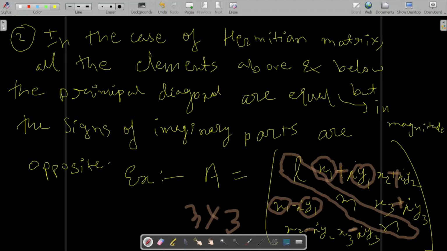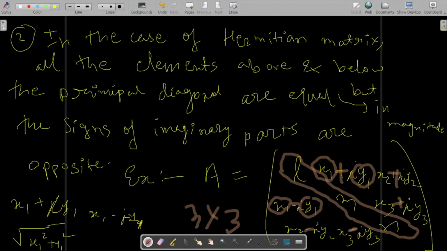Why equal in magnitude? Because they are not equal but their magnitude is equal. Suppose I take x1 plus i y1 and x1 minus i y1. Then what will be the magnitude? Square root of x1 square plus y1 square.